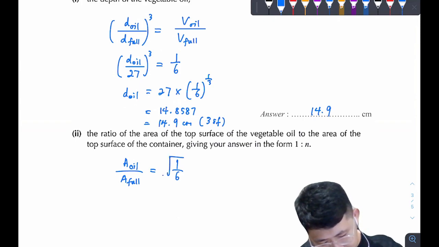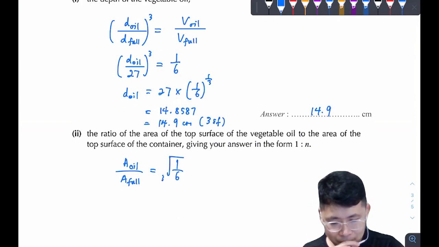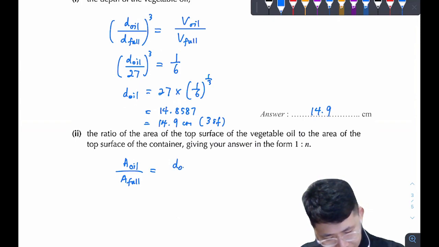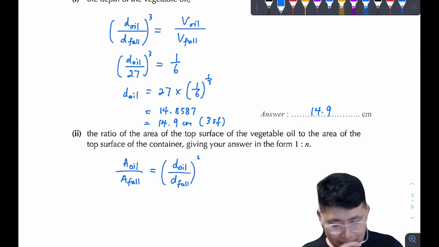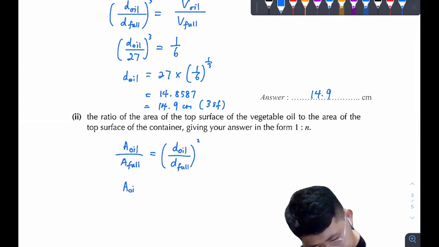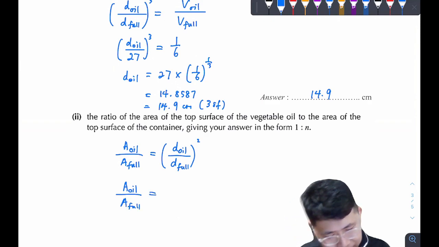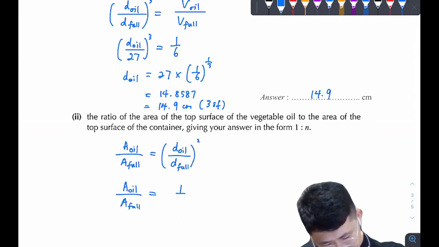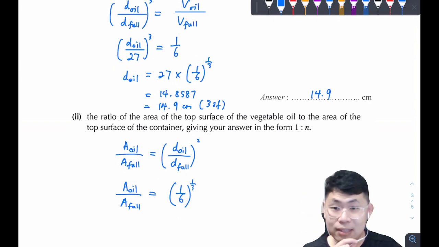But cube root. Agree? Okay, because this is going to be equal to the depth of the oil over the depth of the full thing. But this one we will need to square, right? And previously we found that this ratio, the depth of the oil to the full thing, is 1/6, but to the power of 1/3, this is the cube root.